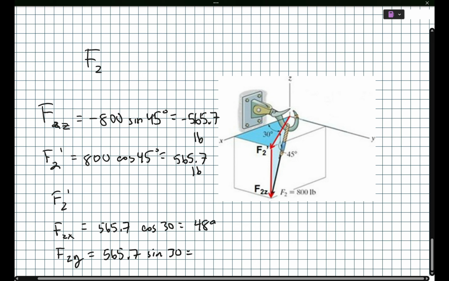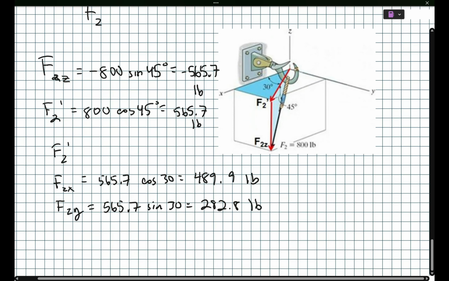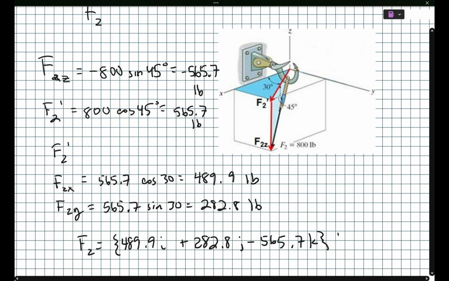I get 489.9 and 282.8 pounds. So thus we can write F sub 2 as 489.9i, right, the x direction, plus 282.8j minus 565.7k. And we said this is in pounds.